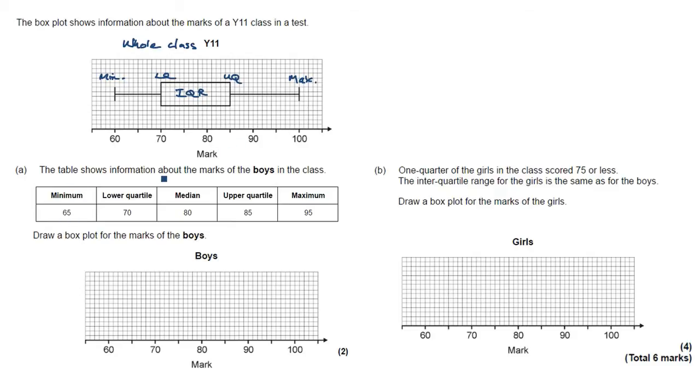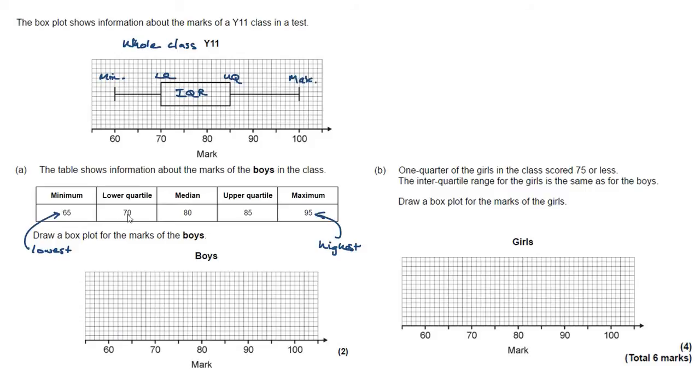Okay, so for part A, the table shows information about the marks of the boys in the class. Well, here's then the minimum, so that's the lowest mark that any boy got, and here's the maximum, so that's the highest mark that any boy got. So now when we draw our box plot, I'm going to use a green pen for this, and we're going to just mark on this maximum and minimum.